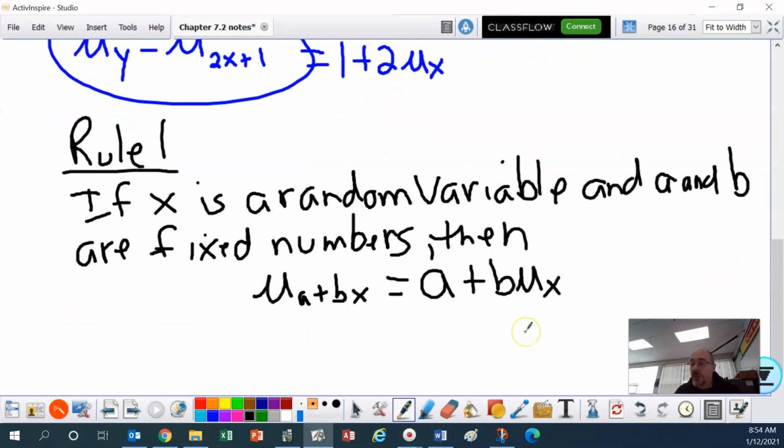So this is in your book, Chapter 7.2, rule number 1. If x is a random variable and a and b are fixed numbers, then, again, look at the notation here, the mean of a plus bx equals a plus b times whatever the mean was. Okay, so that's rule number 1.